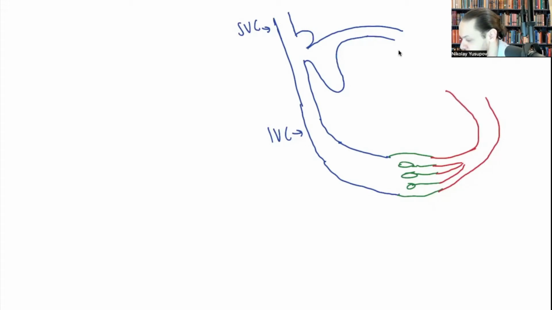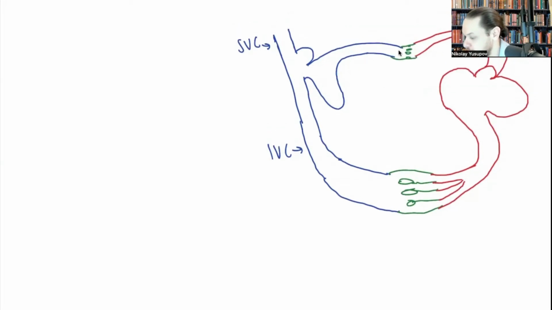And then this is gonna be your left heart, and then this is gonna come here. And then here we have your pulmonary circulation. I'm gonna do the pulmonary circulation here, your pulmonary capillaries. And certainly we have your lungs, which we need to draw.